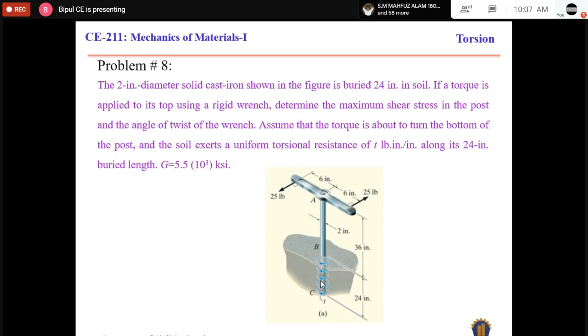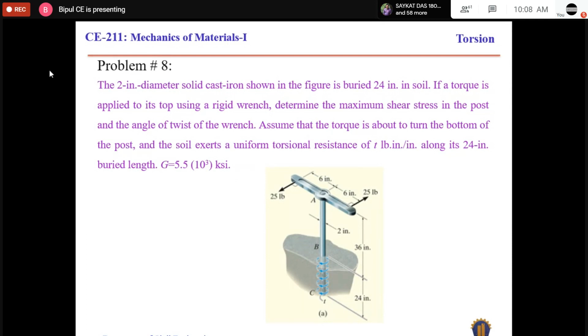Due to frictional force, torsion will be developed. That will be the internal torque. The property of the material of the shaft, the modulus of rigidity, is 5.5 times 10 to the power 3 ksi.